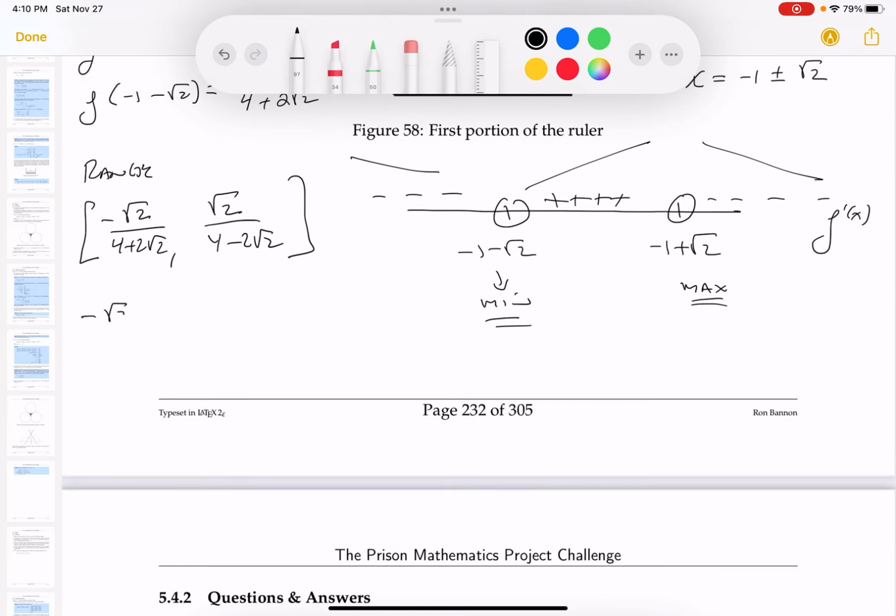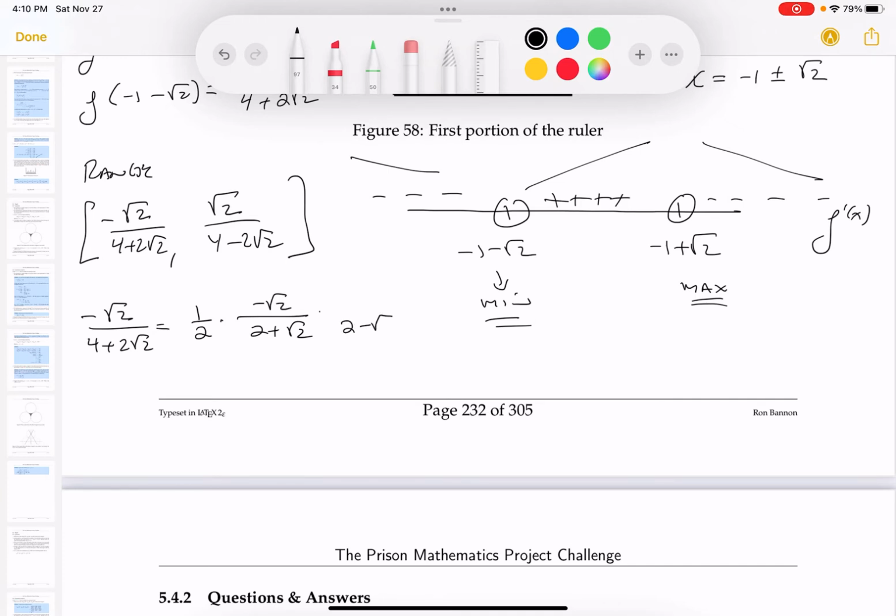So minus root 2 over 4 plus 2 root 2. I'm going to factor out 2 on the bottom. And that's going to give me 2 plus root 2, and I get a minus root 2 on top. I can multiply the bottom by its conjugate.